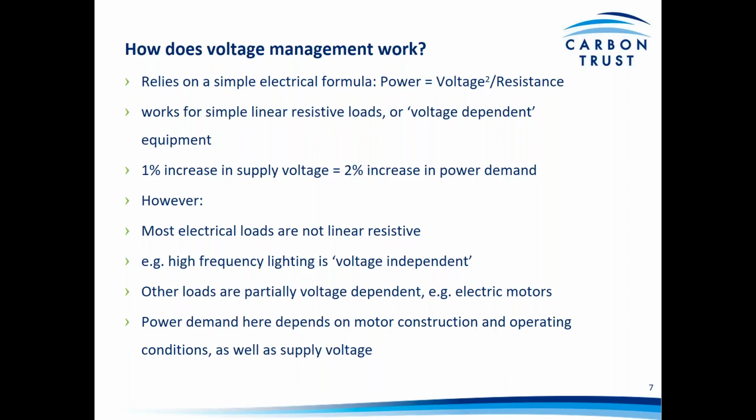So here, the change in power demand for a 1% change in the supply voltage will theoretically be somewhere between 0 and 2%, but the exact proportion will depend on various factors, for example motor construction, the operating hours of the motor, and how it's being controlled.